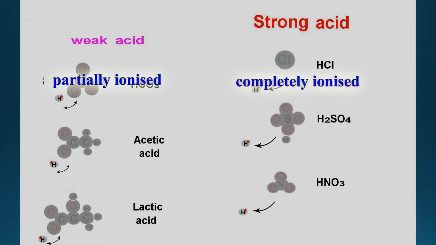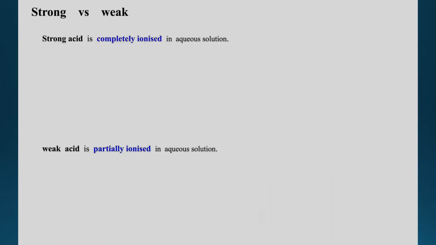And that is the definition of strong acid and weak acid. Please keep this in mind very firmly. Strong acid is completely ionized in aqueous solution, and weak acid is only partially ionized in aqueous solution. What does that mean?